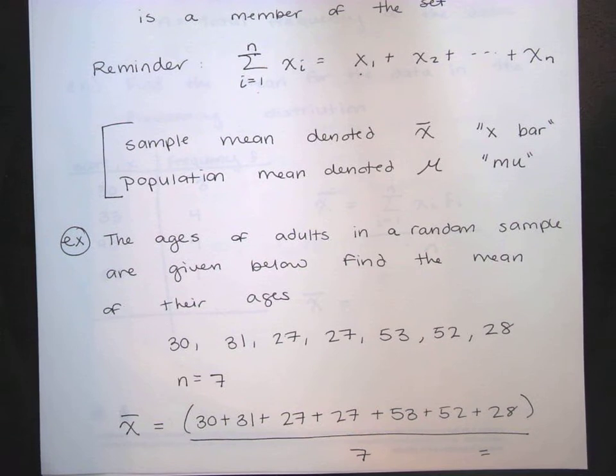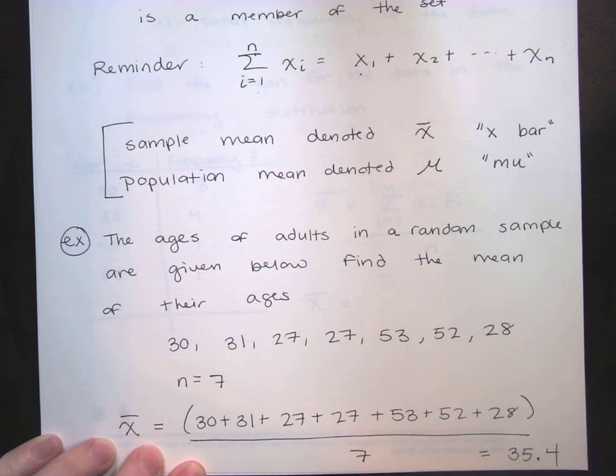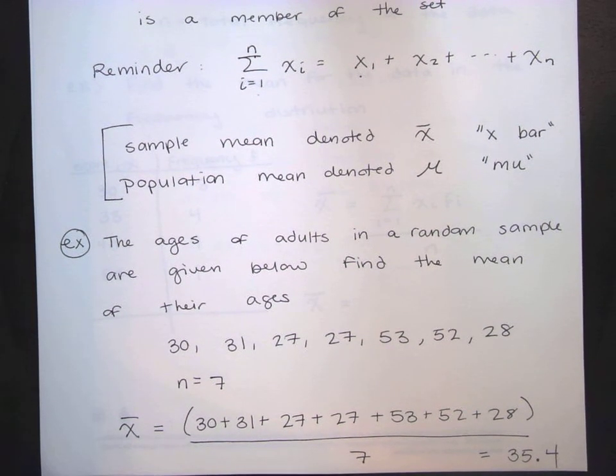So let me grab a calculator. 30 plus 31 plus 27 plus 27 plus 53 plus 52 plus 28, divided by 7, is 35.4. So the average age of the people in this group is 35.4.